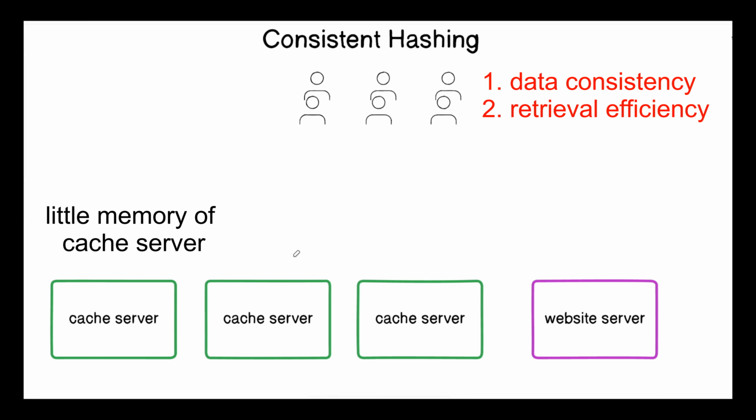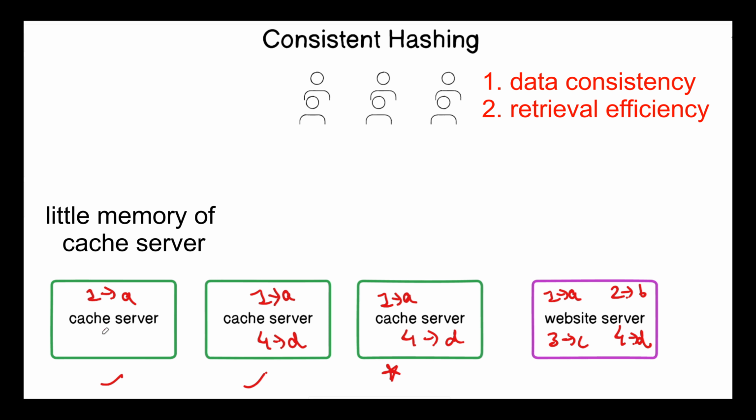So if our website server contains a map which has information like 1 to A, 2 to B, 3 to C and 4 to D, and our cache server can accommodate only two values, let's say it contains 1 to A and 4 to D. And these two cache servers have been replicated from this particular cache server, so these servers also contain 1 to A, 4 to D, 1 to A, 4 to D. So if a request comes for the 2 value or the 3 value, then it would not be present in the cache server.